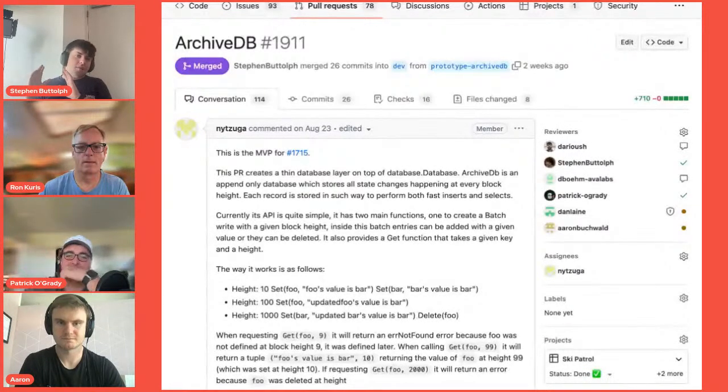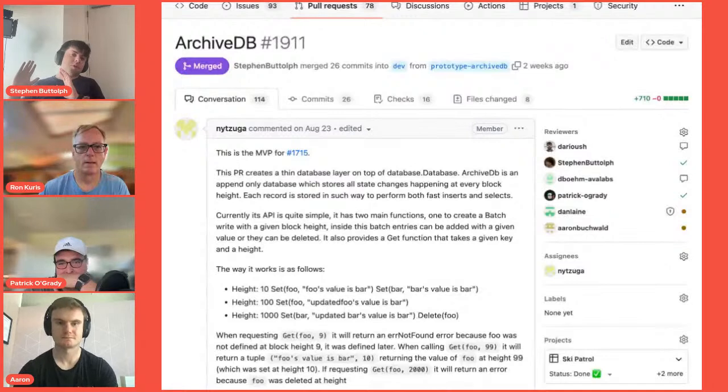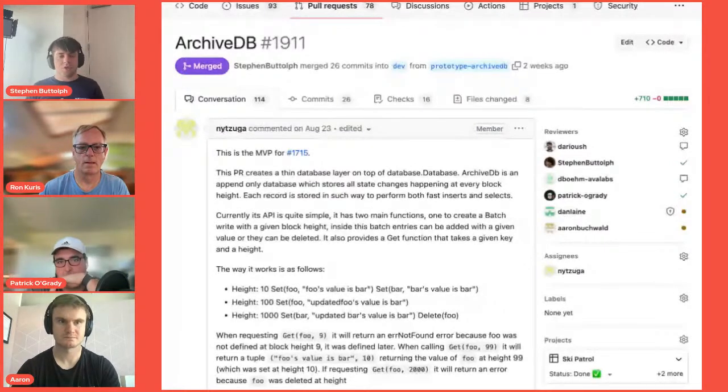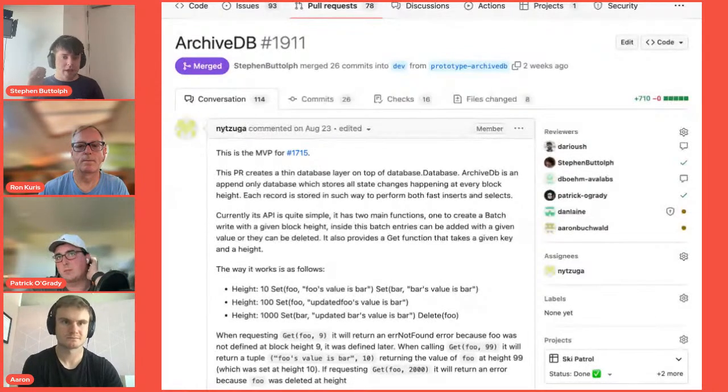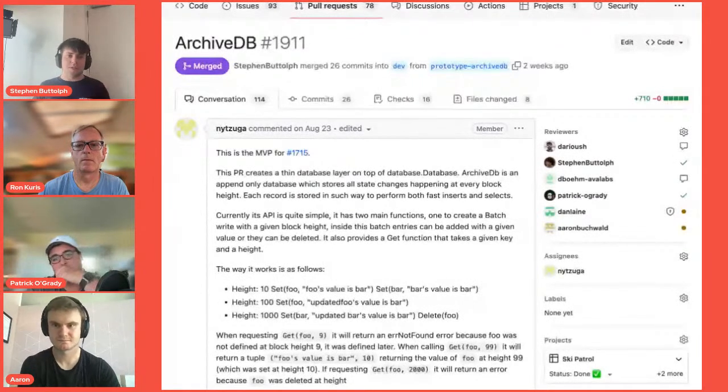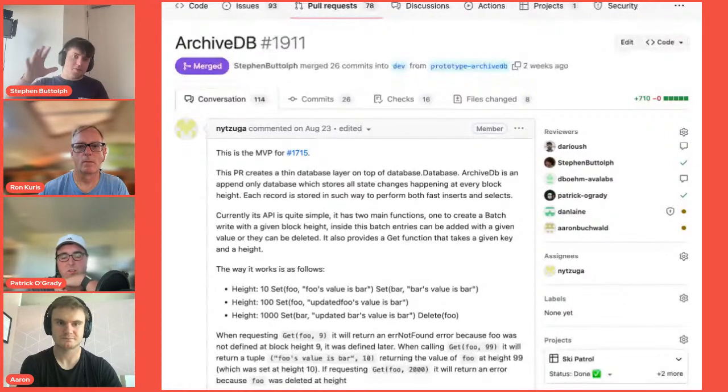And then the archival DB will be able to efficiently store the historical values of the state of the chain. And so this should manage to have much smaller disk sizes and much faster disk lookups for historical state that you see in other more advanced database structures like Erigon and Reth. So this is the big first pass on it.